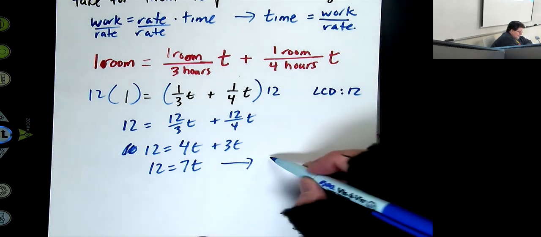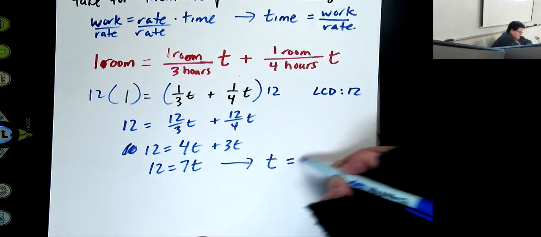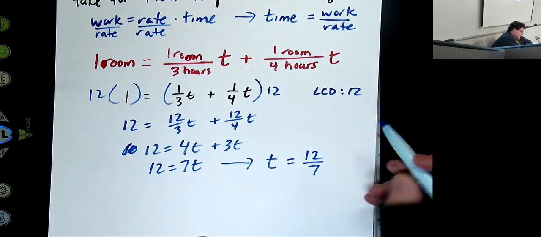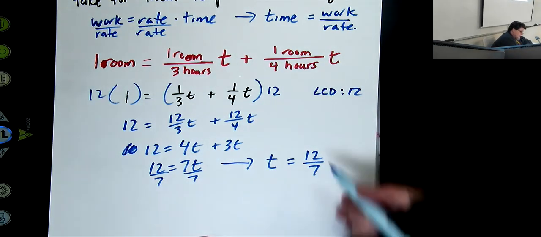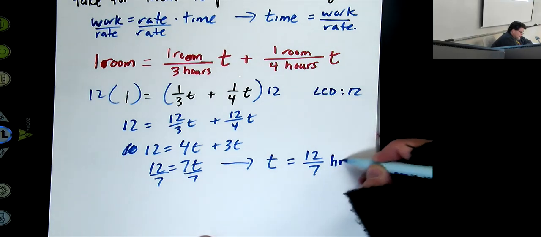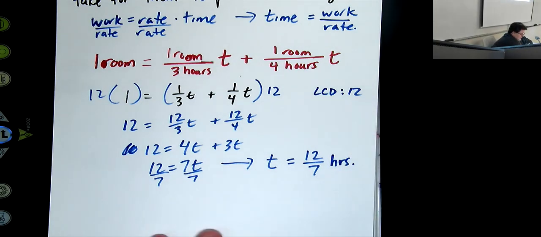If I divide both sides by 7, I will get T equals 12 over 7 hours. We definitely need a calculator for that one.